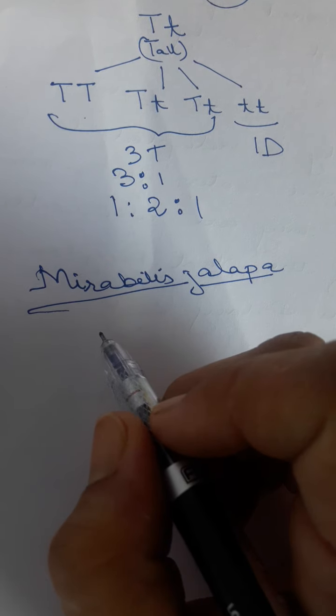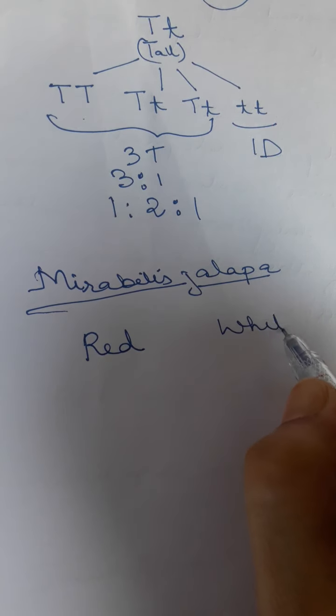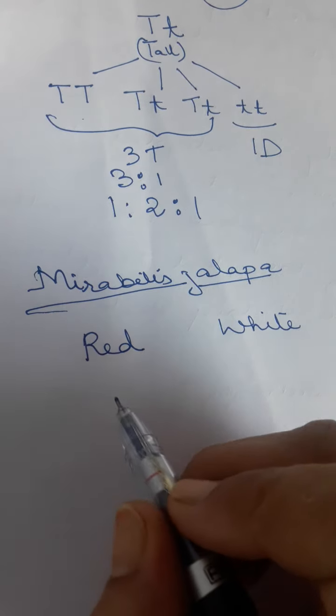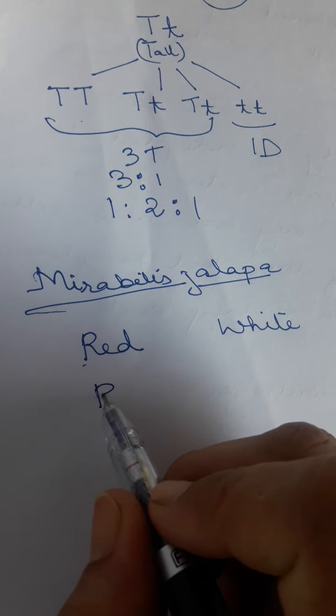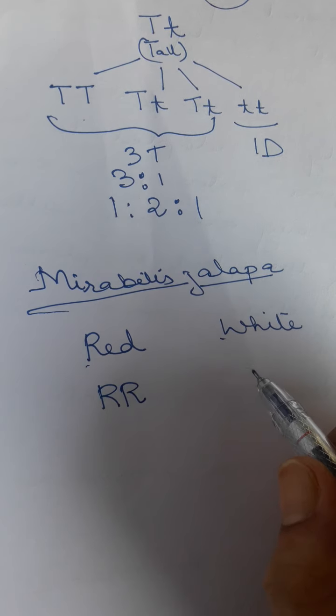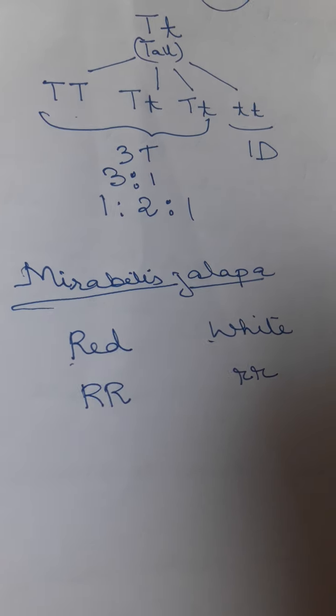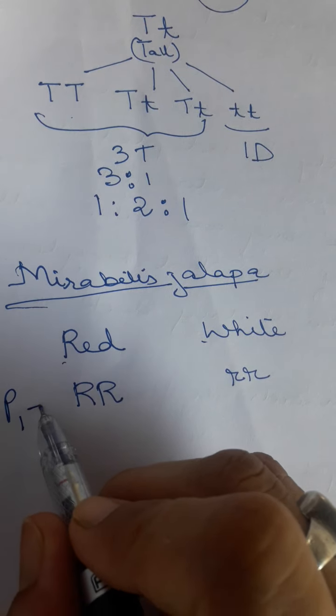Here a cross was done between a red colored flower and a white colored flower. For the red colored flower, we will take the genotype capital R, and for the white colored flower, the genotype small r. Got it? Now this is the P1 generation.